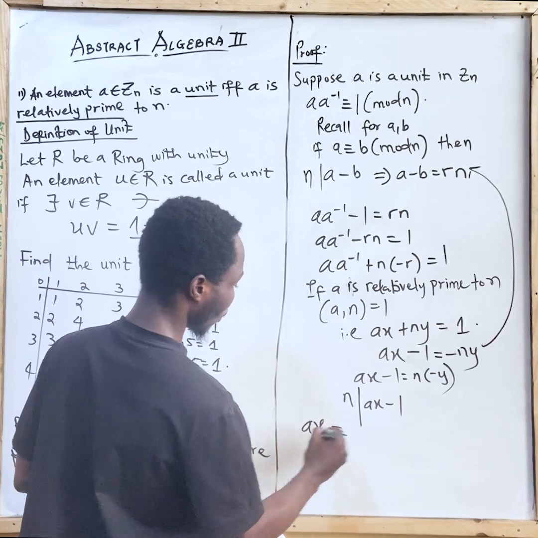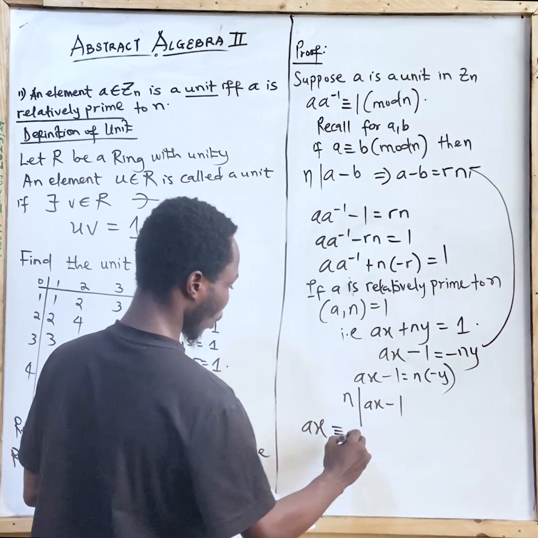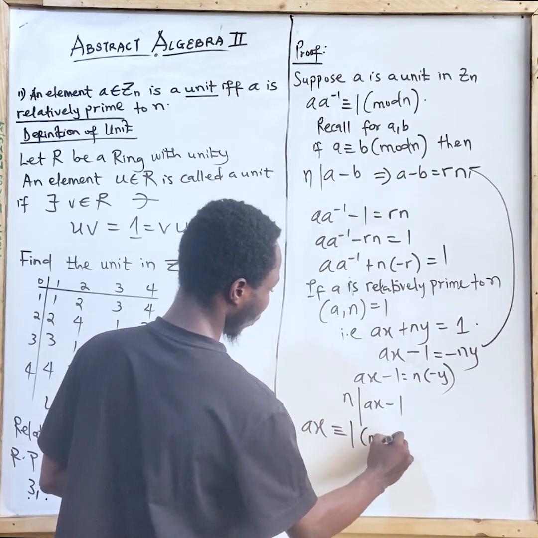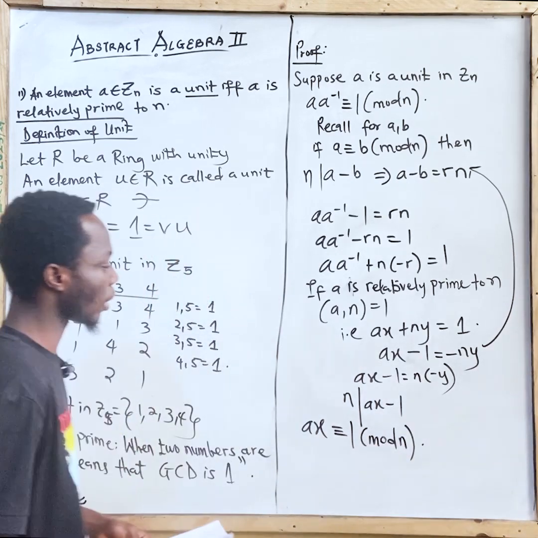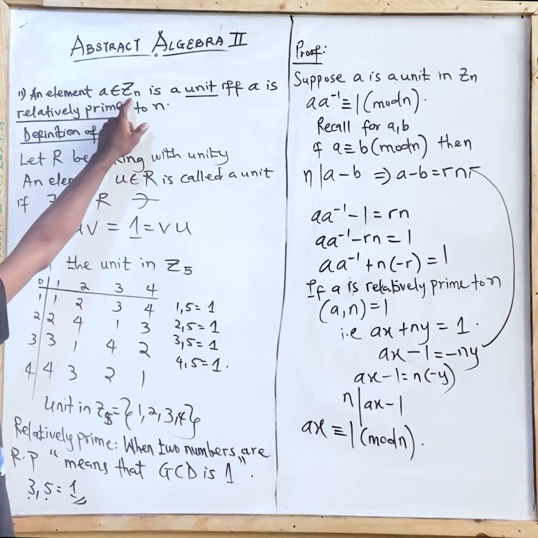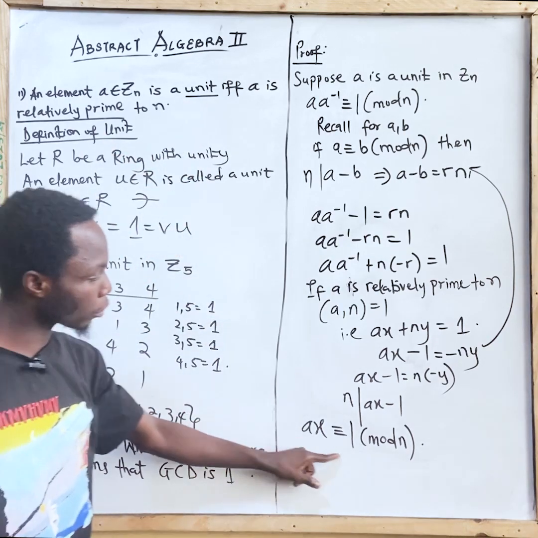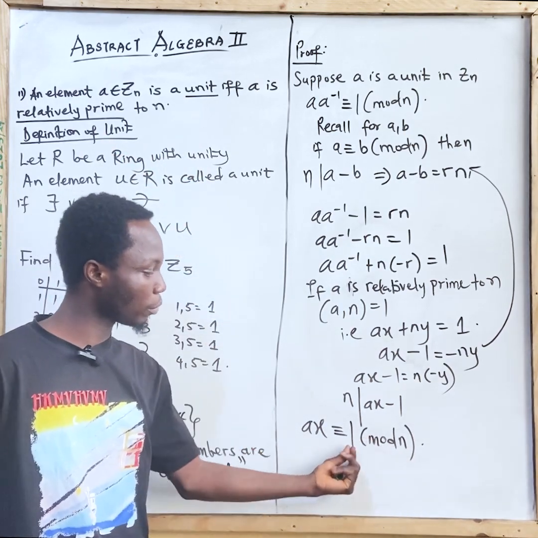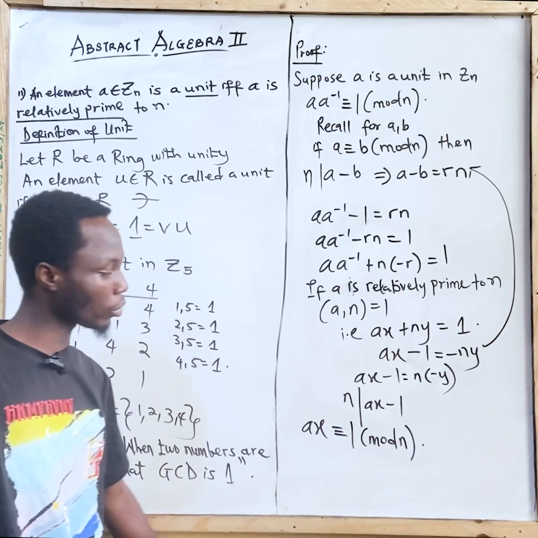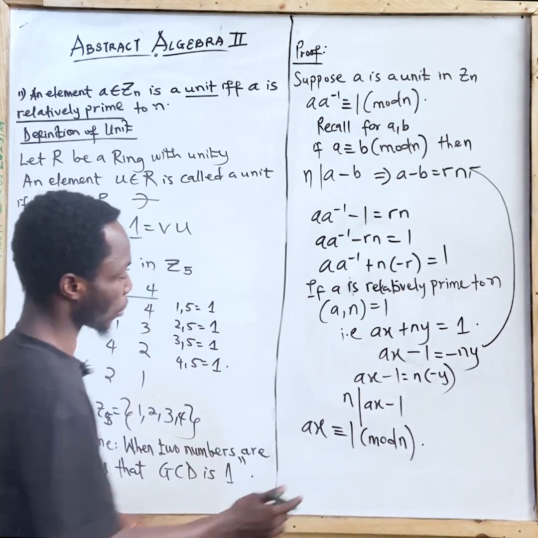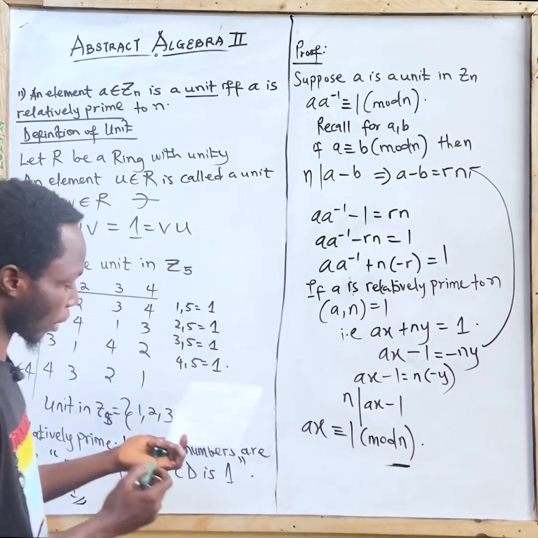So Ax is congruent to 1 mod N. So if an element A in Zn is a unit, it means that A is relatively prime to N. And if it's relatively prime, the greatest common divisor between them will be 1. So we've been able to prove that.